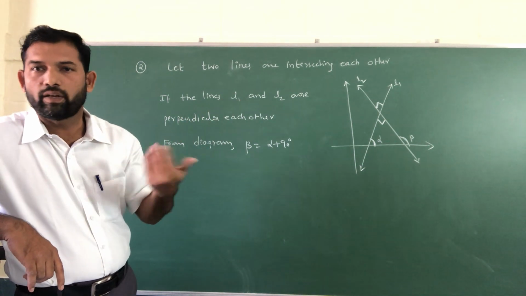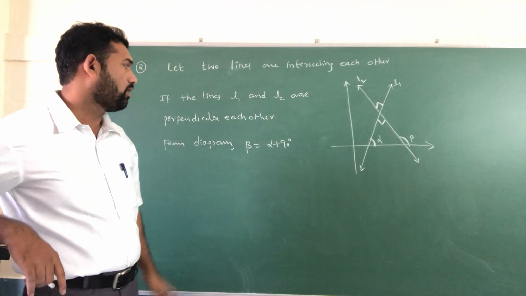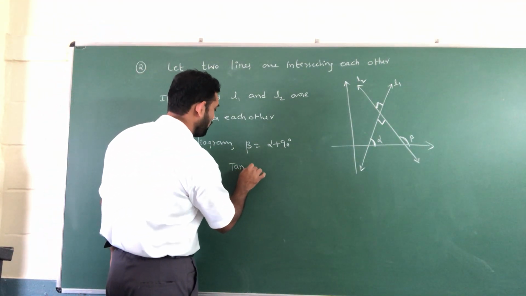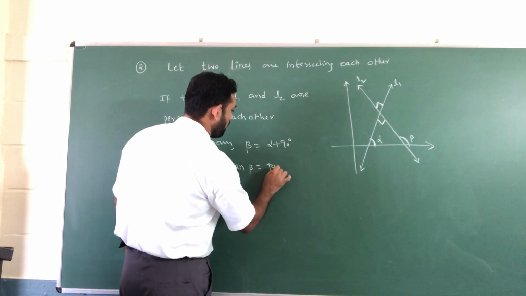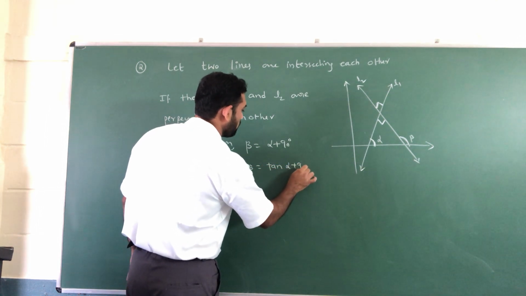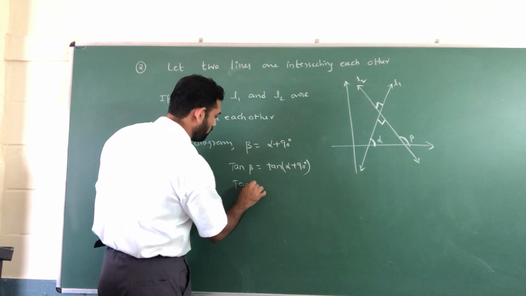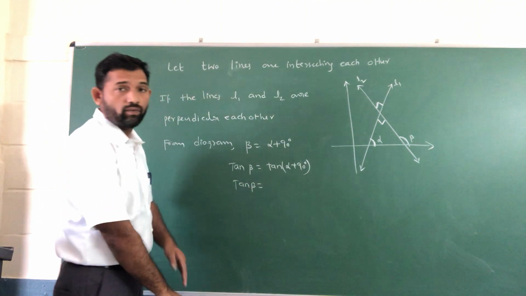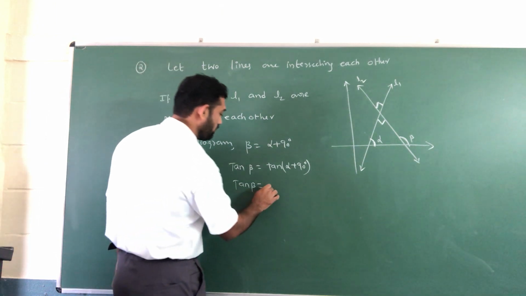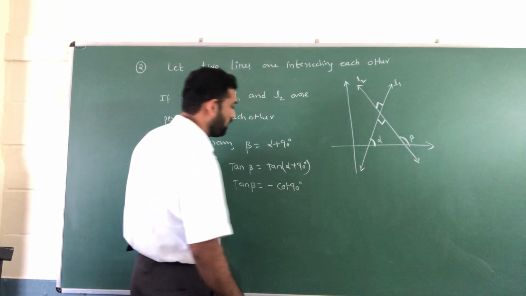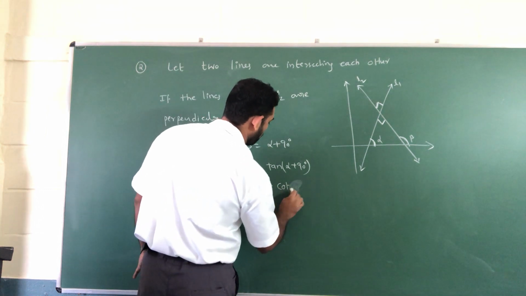Their slopes are m1 and m2. Now taking tan on both sides, tan beta is equal to tan of alpha plus 90 degrees, which is minus cot alpha.